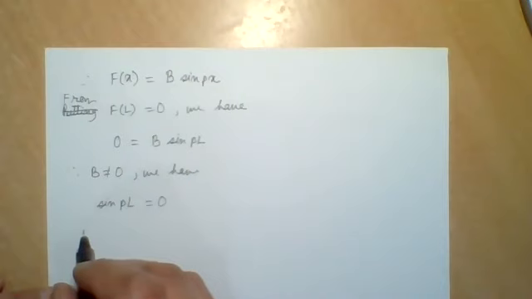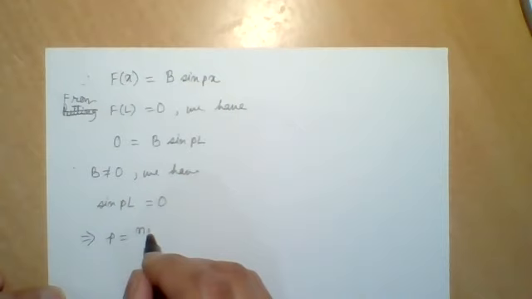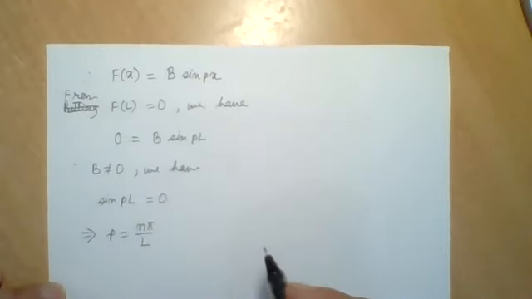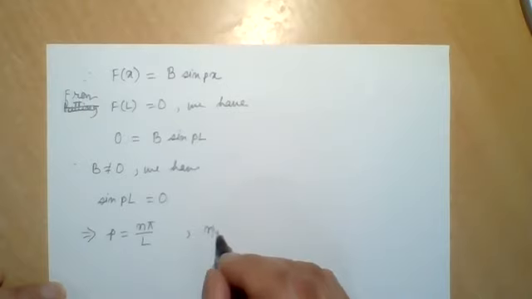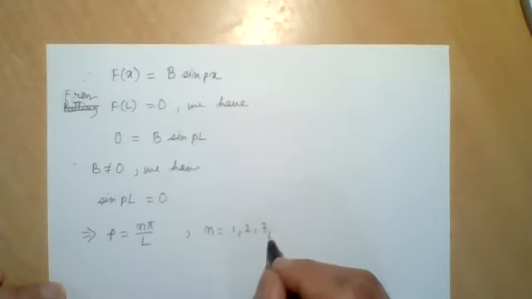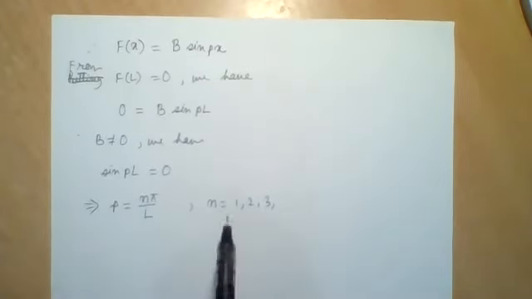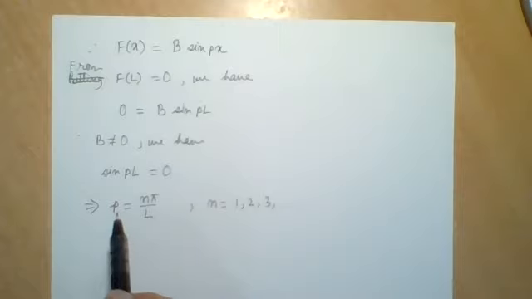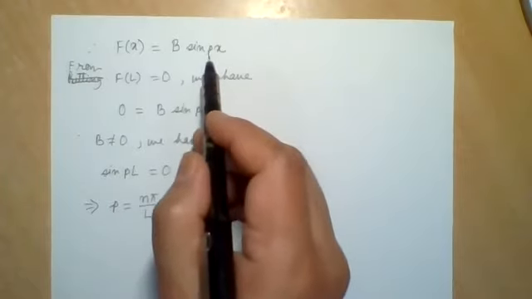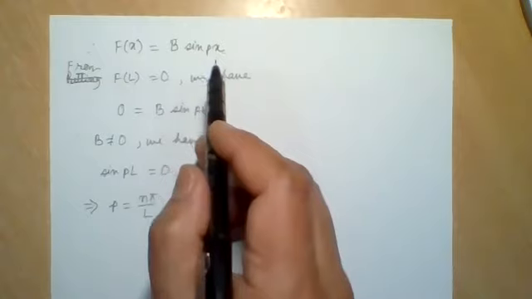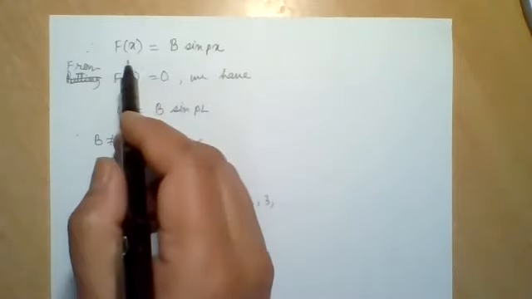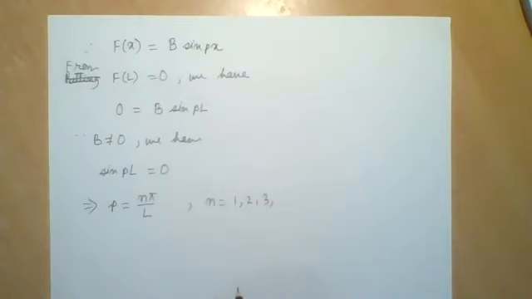And this implies p is equal to n pi by L, where n is 1, 2, 3, and so on. You should remember here that n is not equal to 0, because if n is equal to 0, then p is equal to 0, and if p is equal to 0, the function is 0, and that reduces to the trivial solution u equal to 0.